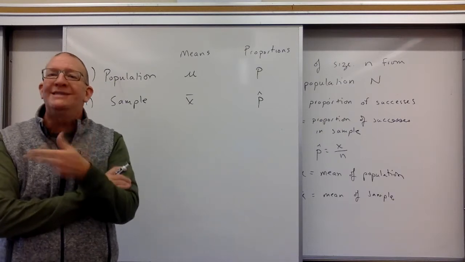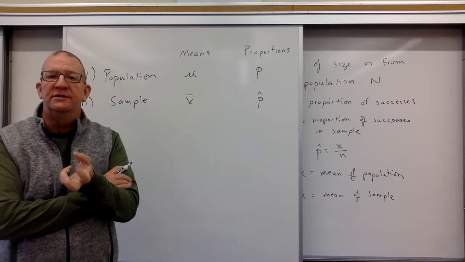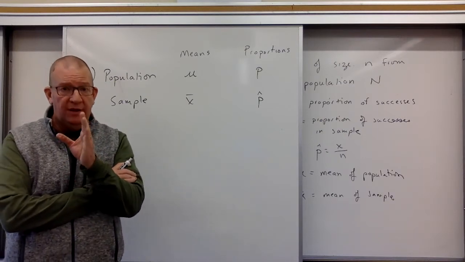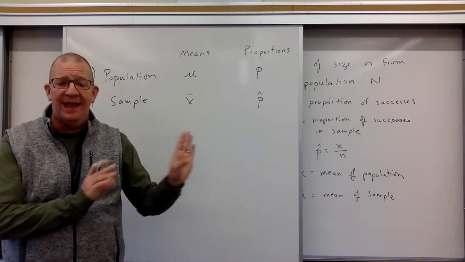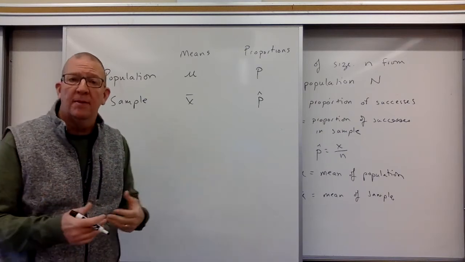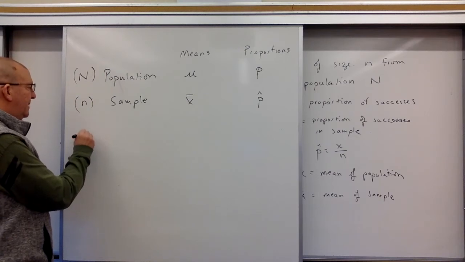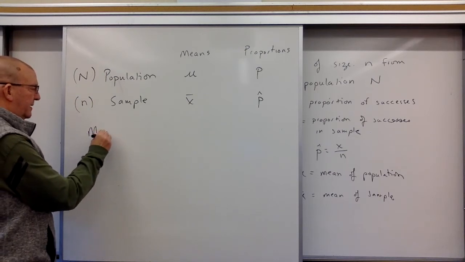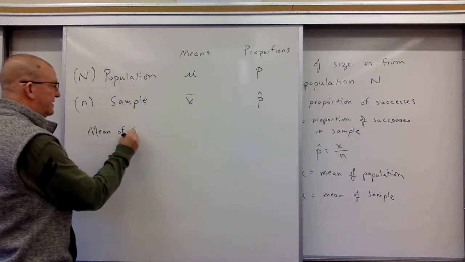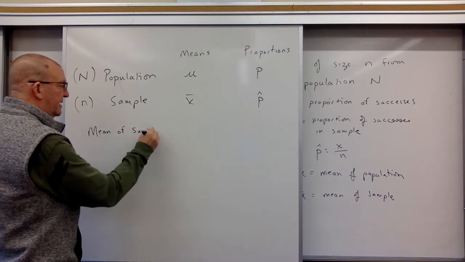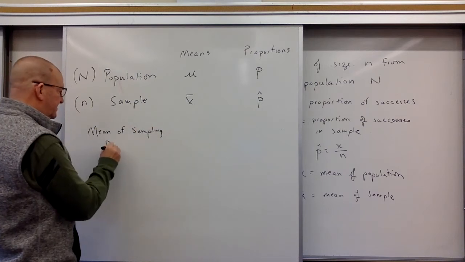And so what's the average of all those proportions? Well, if a couple of cases are met, the average should be P. And let's talk about that. Okay, so this is the mean of the sampling distribution.